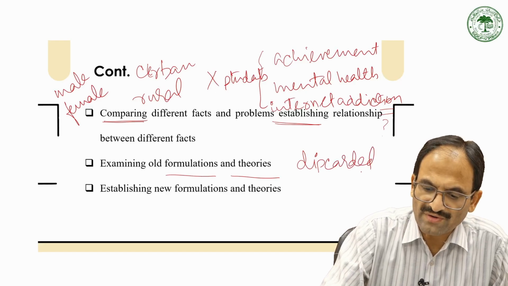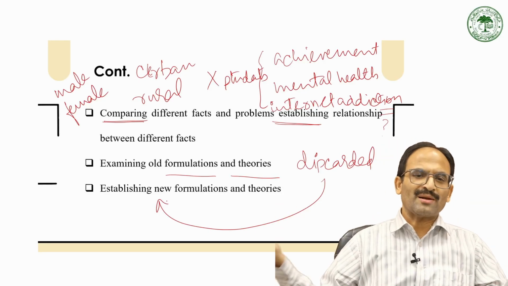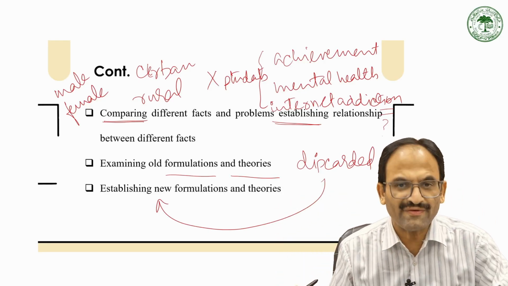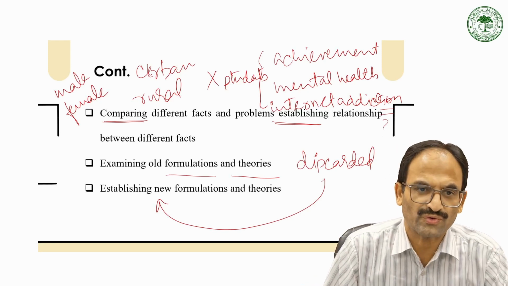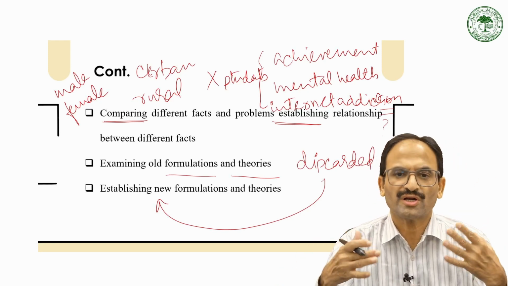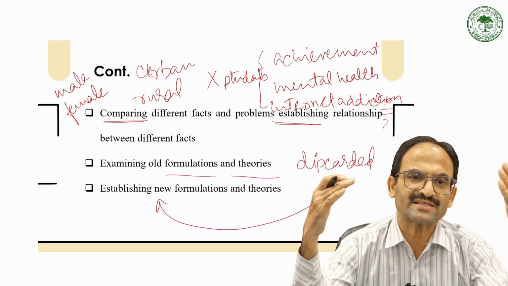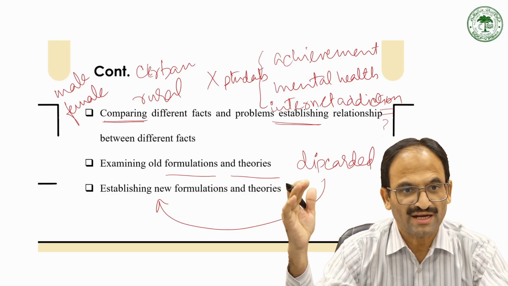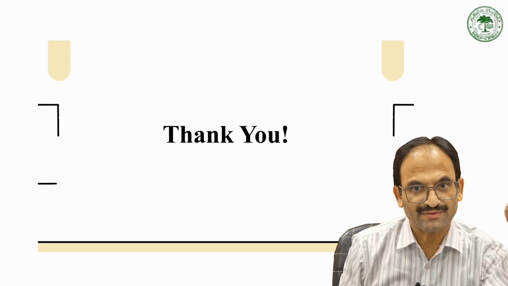So what do we have to do? We have to come to new formulations and new theories. Anything old, irrelevant, if it is not suitable, then we have to find out new formulations and new theories. So statistics not only helps us in examining the old formulations and theories, it also helps us in establishing new formulations and theories.